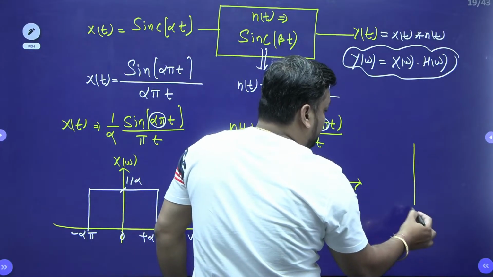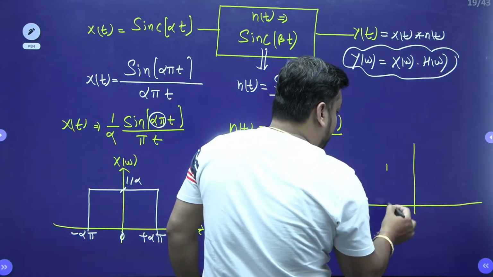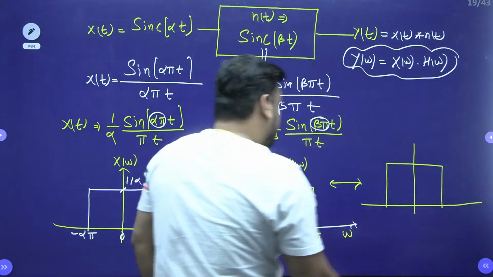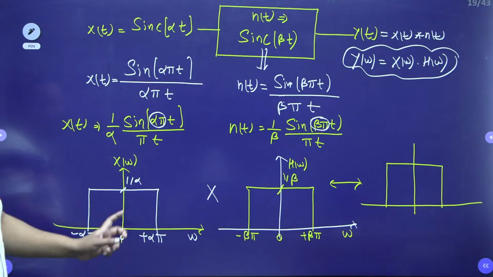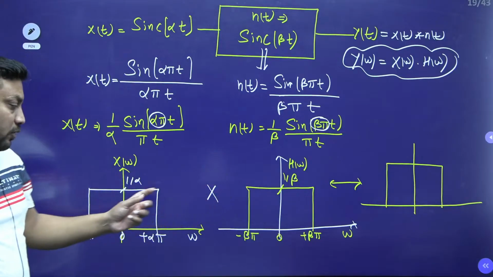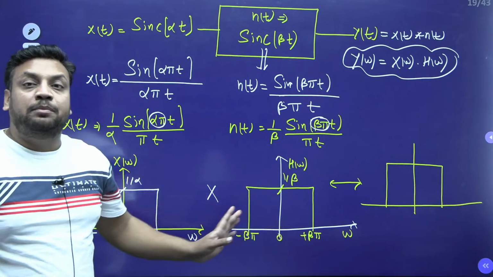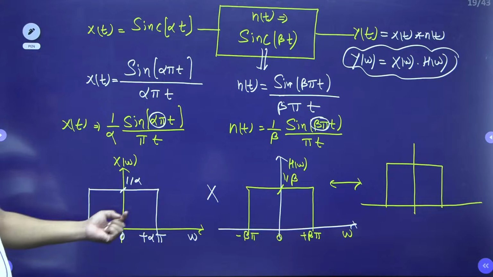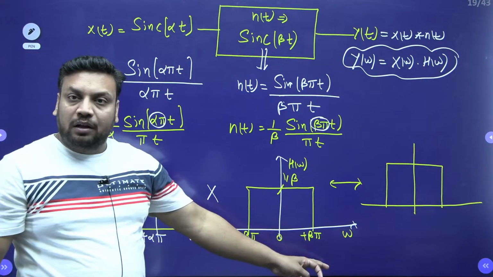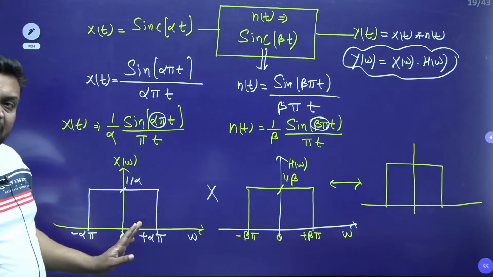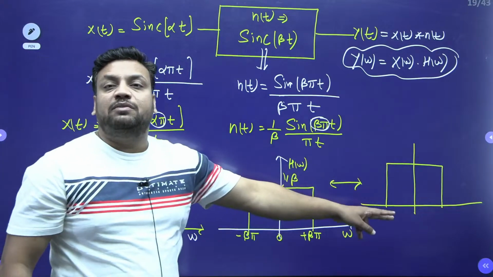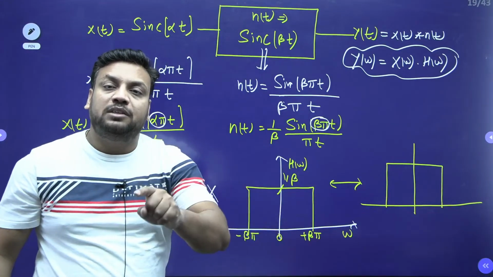When you multiply the two signals, you will again get a rectangular pulse, and whenever you multiply, you get the duration that is the minimum. Suppose here it is minus 2 to plus 2, and there minus 1 to plus 1. When you multiply these signals, you get a rectangular pulse with duration from minus 1 to plus 1.